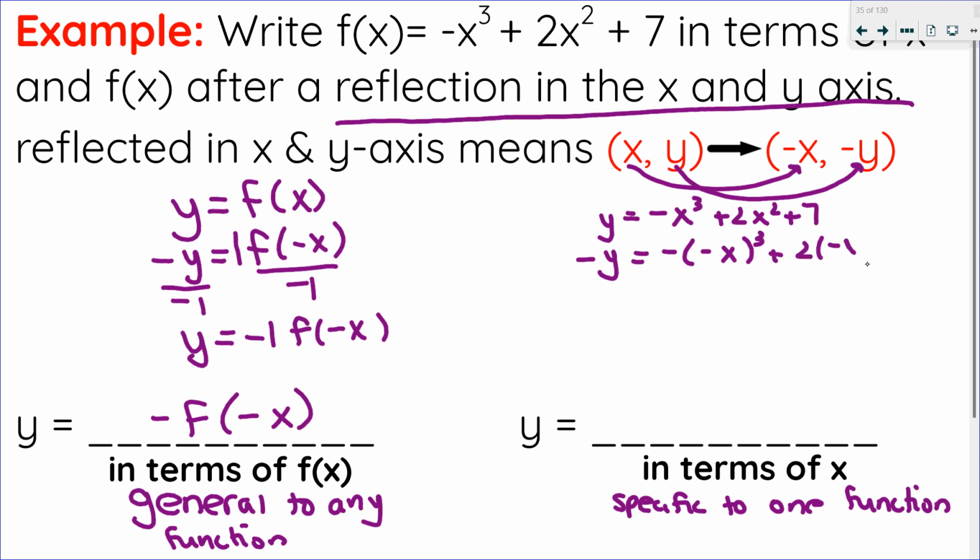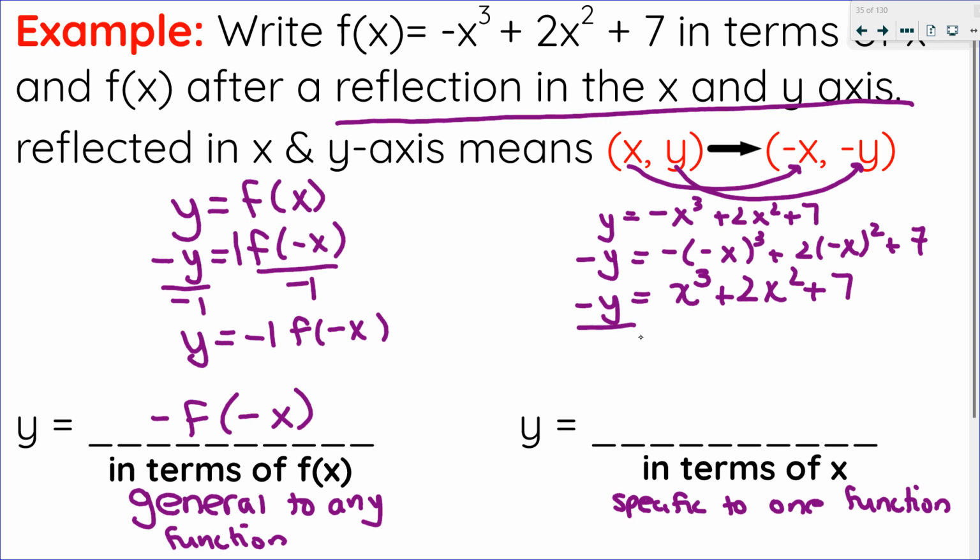Really important for your x values that you do that inside the brackets. So I have negative y equals. Now, negative x cubed is negative x cubed times negative 1 is positive x cubed. Negative x squared is positive times 2, and 7 did not change.